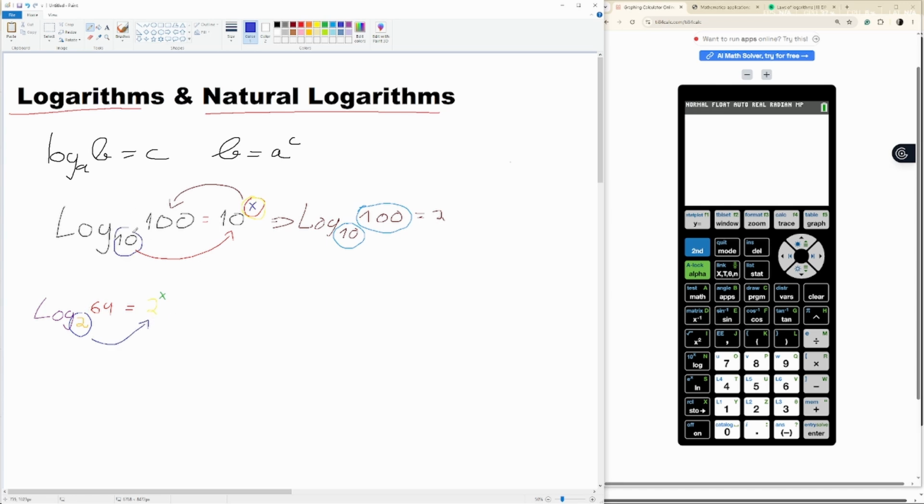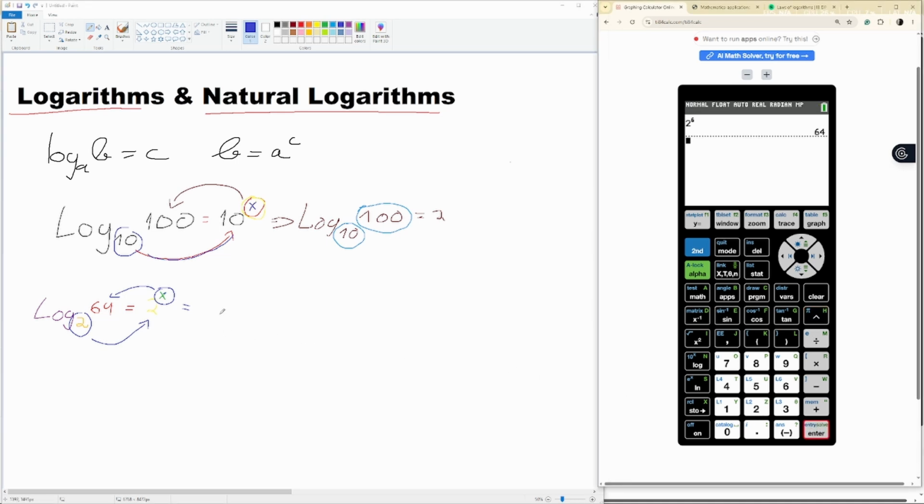You take the base, you put it here, and then you put it to the power of x. And you want to know, to what power does 2 have to be equal to 64? And you can always check this, and I think I already know it by heart, that if we put 2 to the power of 6, it's 64. And then we get that the answer is 6.